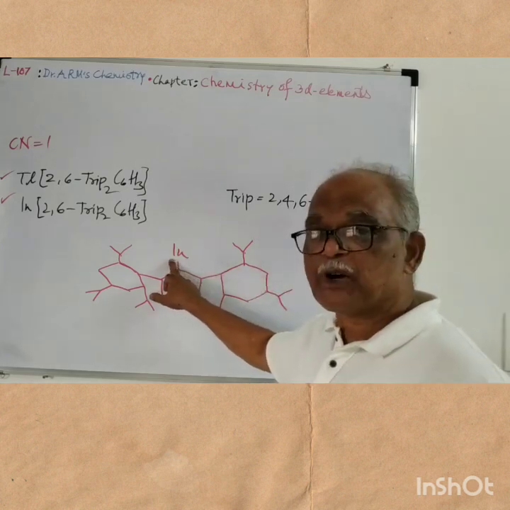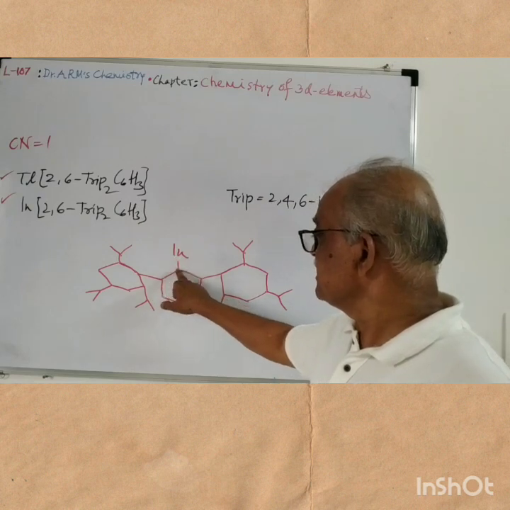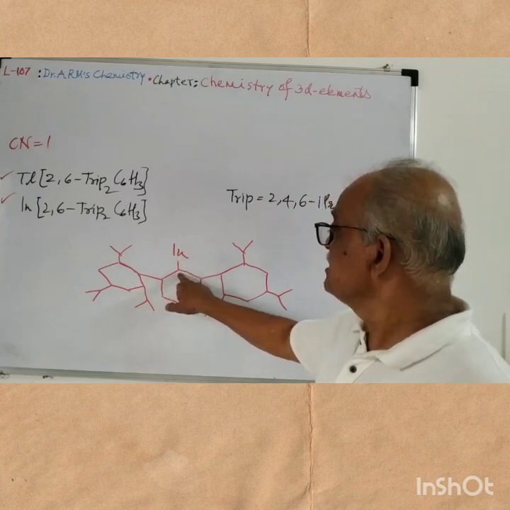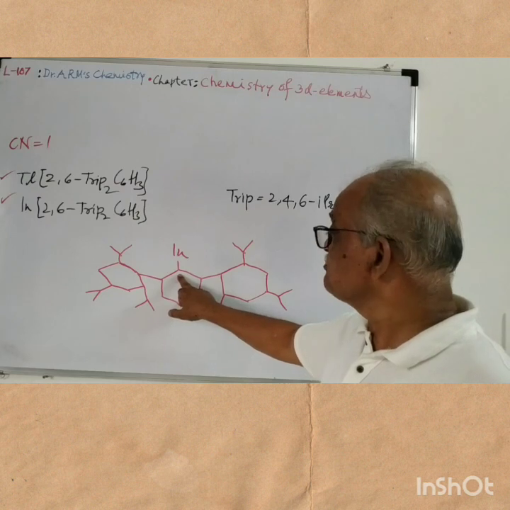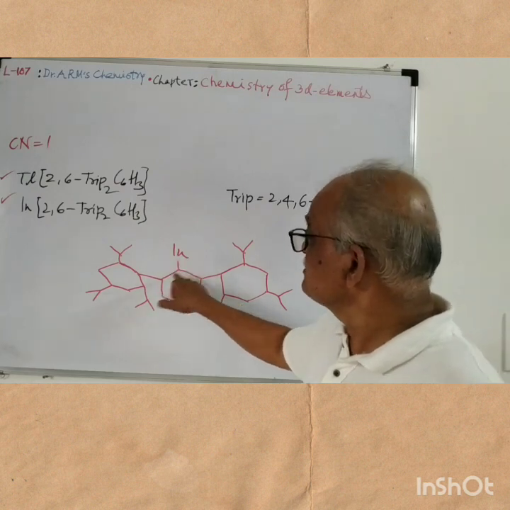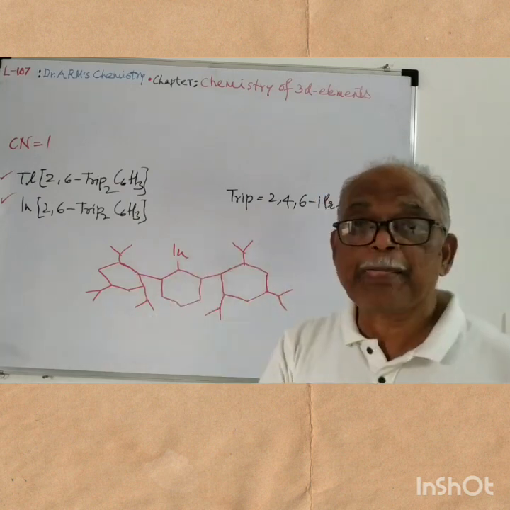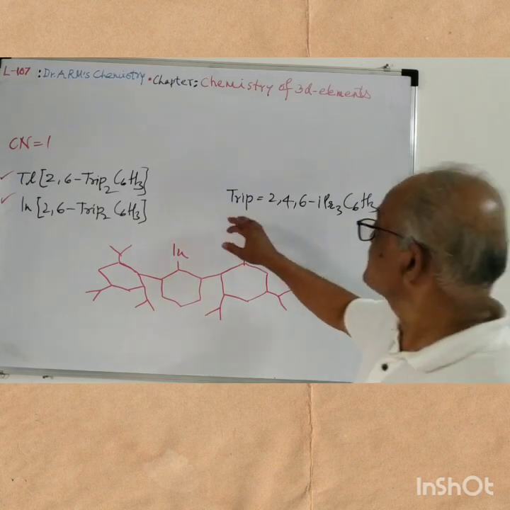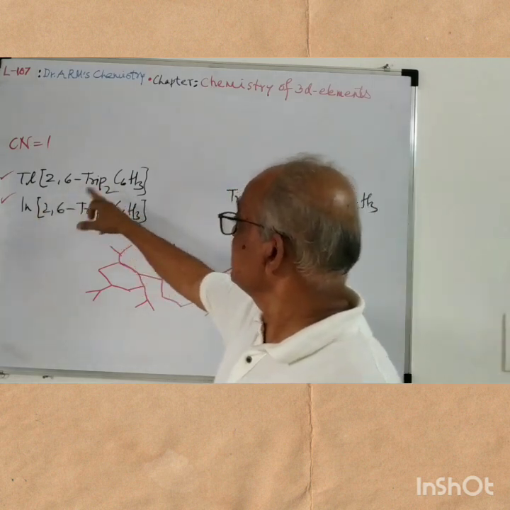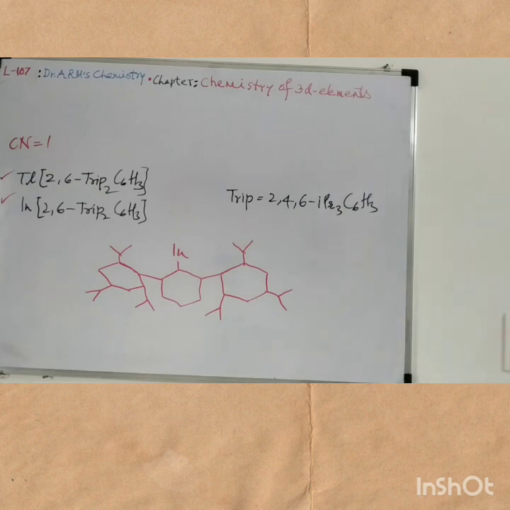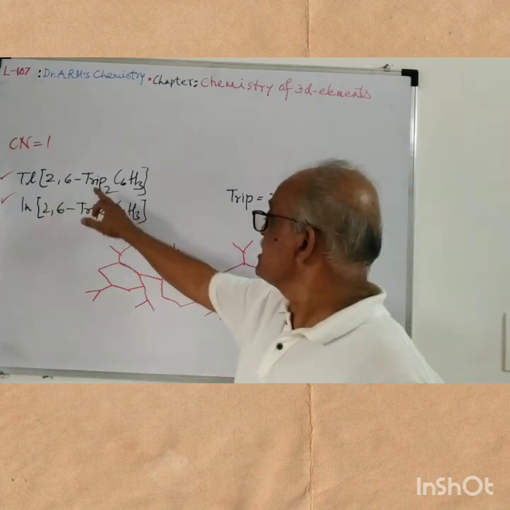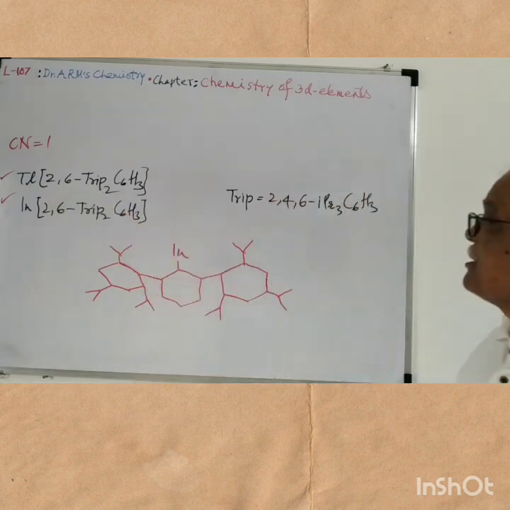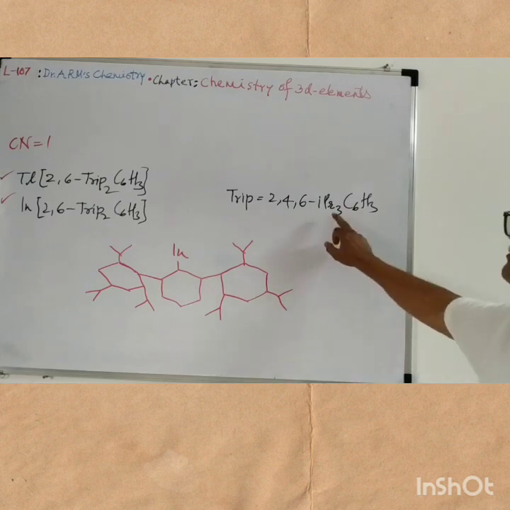There is only one point of coordination. This metal is attached here using only one point of attachment, and the remaining structure is the ligand, which is shown here like this. So here this DrP is nothing but 2, 4, 6.